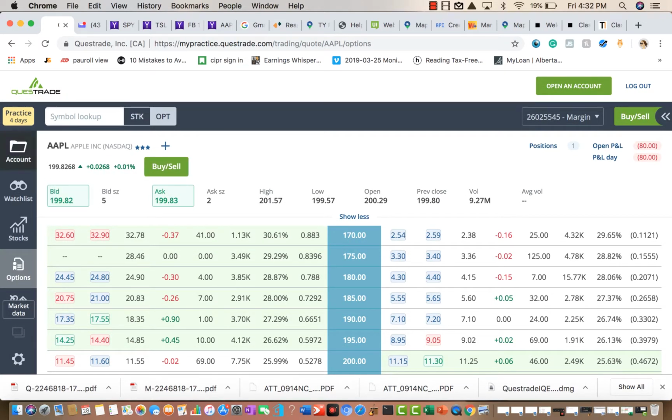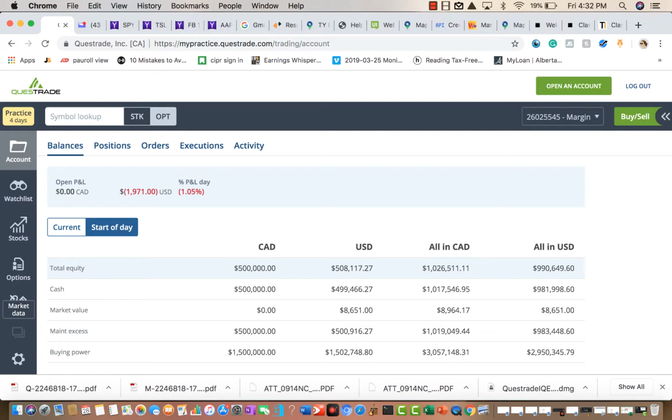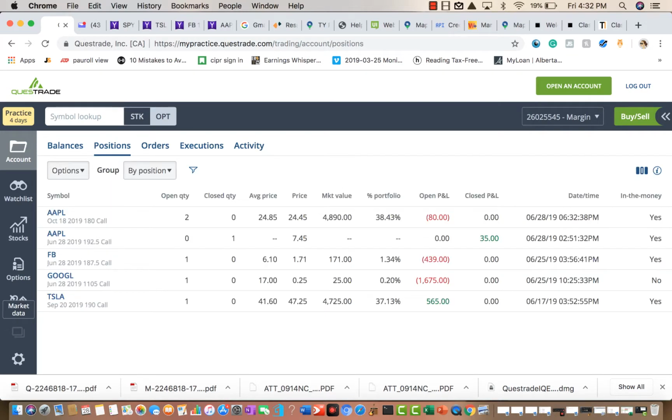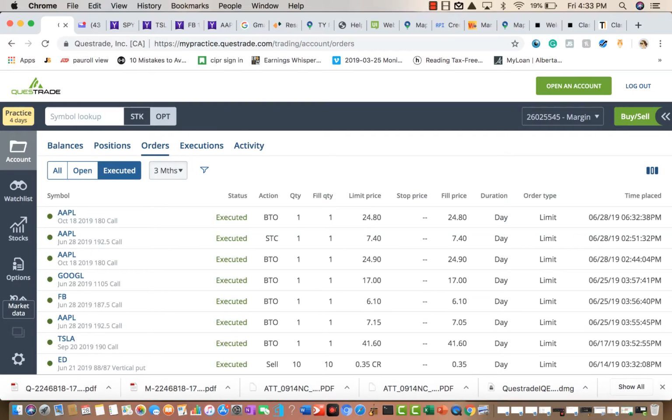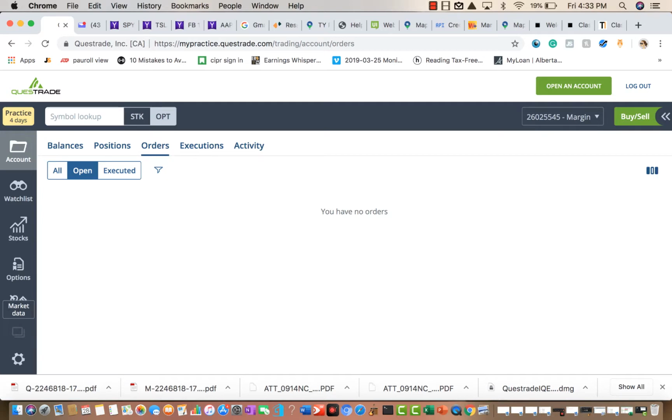And once you did that, you can go ahead and go to your account again and click under positions, where you can check the orders that you've placed and the ones that got executed. Actually, once they got executed, they will automatically go under your position. If they're not executed right away, then you're gonna see them under orders, and you're gonna go to open, and they will show up here under your open orders, because your order won't actually show up under positions until they're executed.